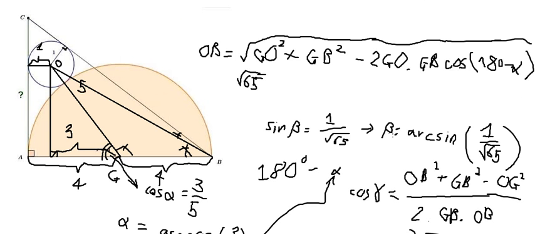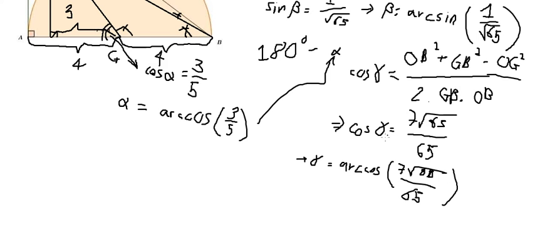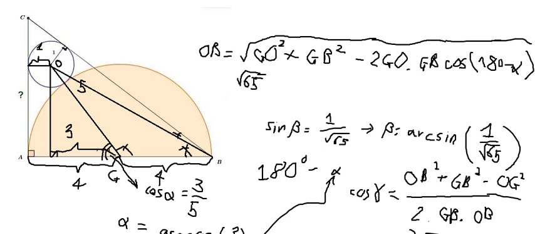So we have calculated beta and gamma. So we have the right triangle here. To find the value of AC, we can use tan.